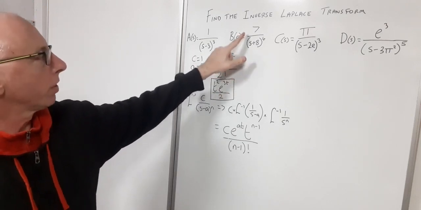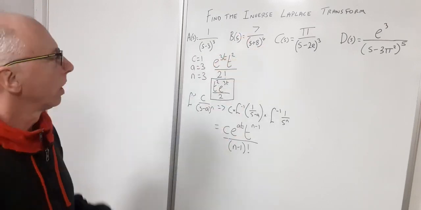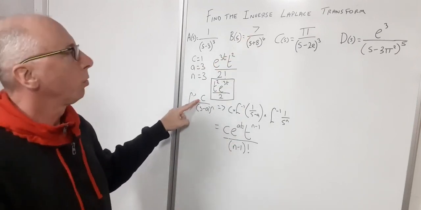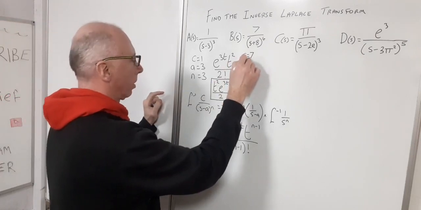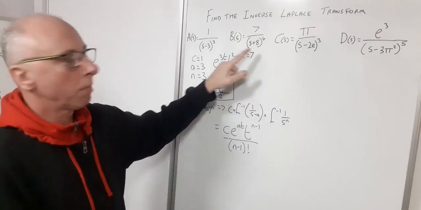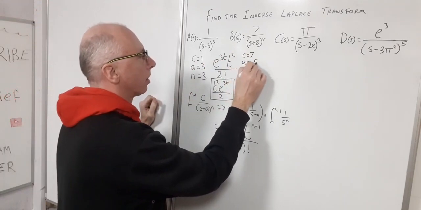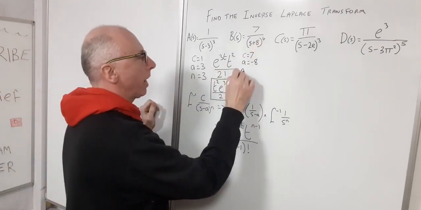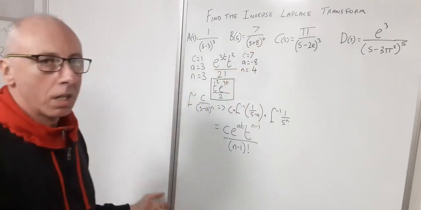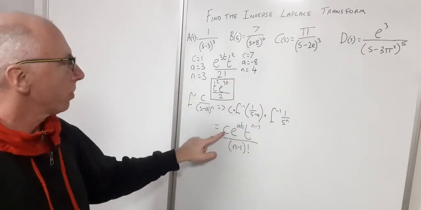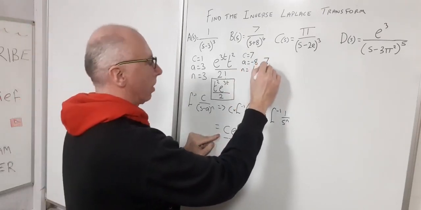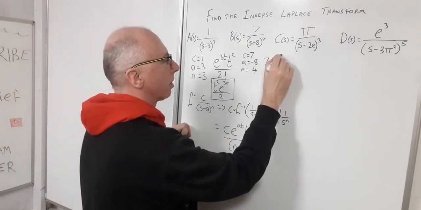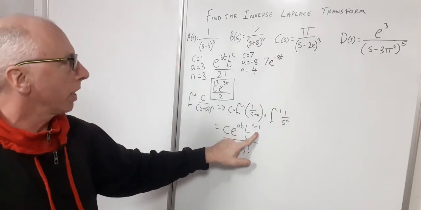Now let's have a look at this one, 7 over s plus 8 to the 4. So this time, using our generic formula, our c will be 7, our a would be minus 8, and our nth power, or index here, is 4, so n equals 4. Now using our result, we've got c, which is 7, e to the at, so it's e to the minus 8t, and then t to the n minus 1.